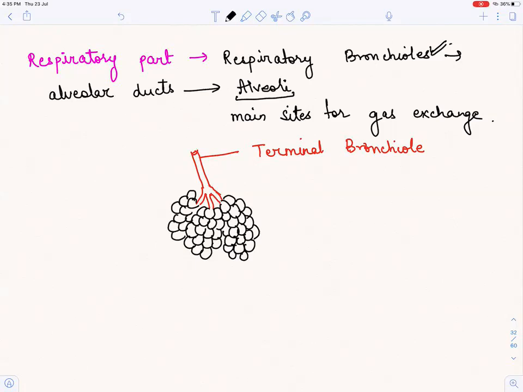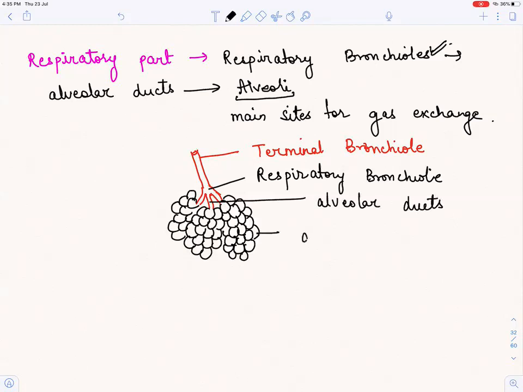So this is the terminal bronchiole with the respiratory bronchiole, with the alveolar ducts, and with the alveoli. The singular of alveoli is alveolus, and it is lined by simple squamous epithelium.